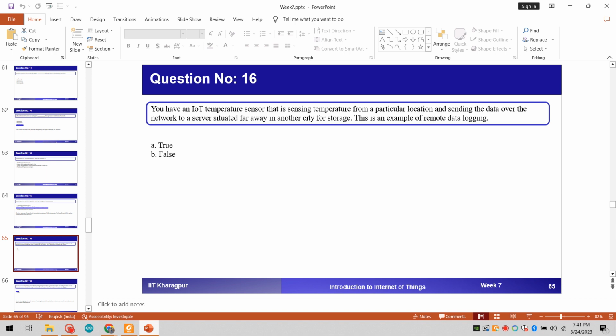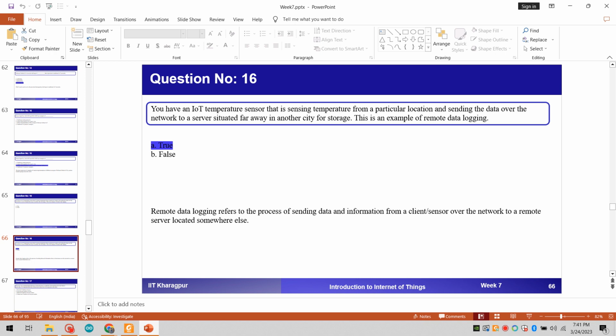True. Okay. Can you please explain what is remote data logging? Yeah, right. So basically in this question it is said that you are collecting data at a particular location and sending that data to another city. So this is example of your remote data logging. So the option is true.